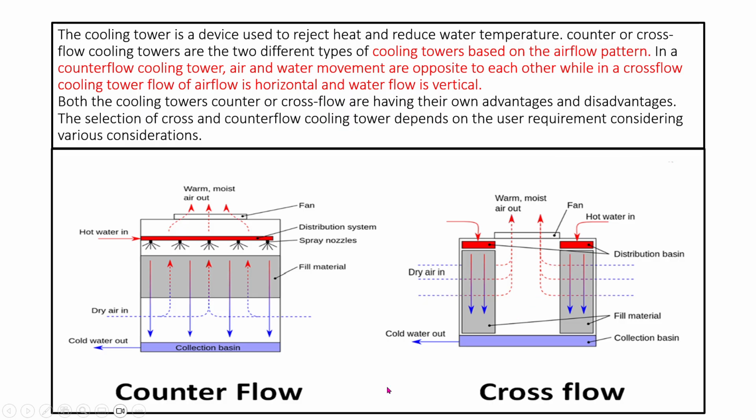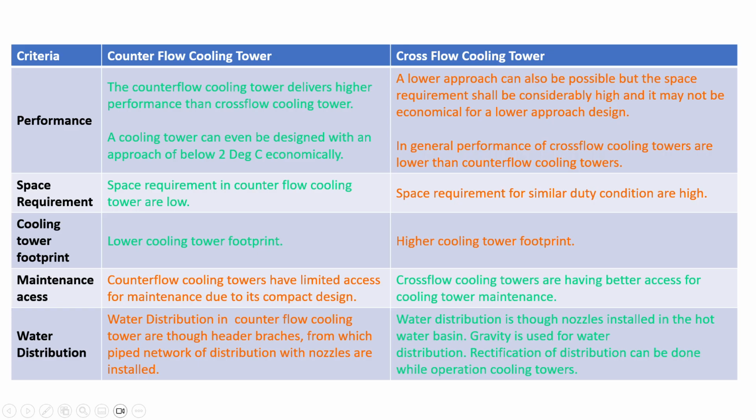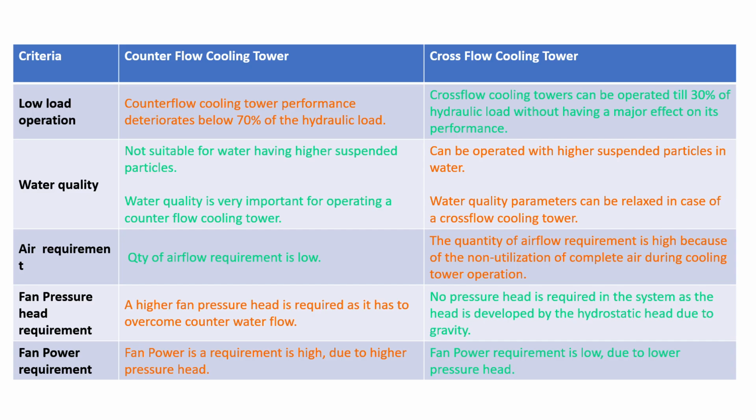So you cannot do any maintenance there, but in the cross flow you can do maintenance in operating condition also. Then another point is low load operation. In the counter flow, if the water load is less than 70%, the counter flow cooling tower performance will be lower and not effective. The performance deteriorates below 70% water distribution. What I mean is cooling water distribution. Suppose the cooling water capacity is 1000 cubic meters per hour.